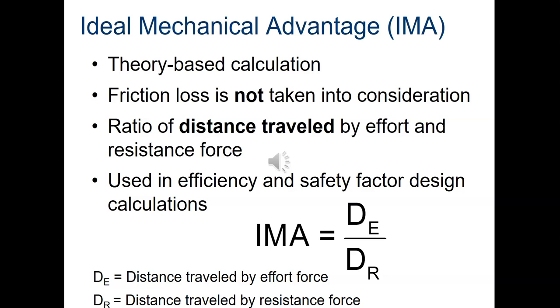We can determine whether something we might put together or use is safe. In this case, there's a formula. The ideal mechanical advantage, or IMA, is equal to the distance traveled by the effort force divided by the distance traveled by the resistance force. We'll take a bigger look at that later.